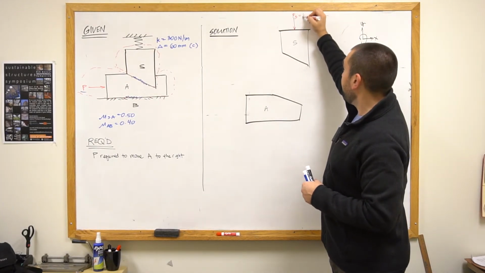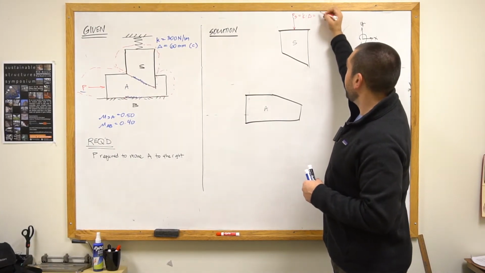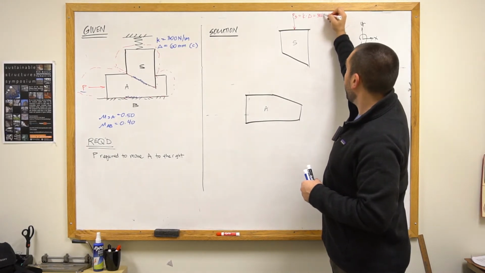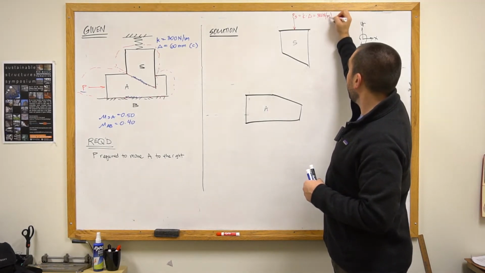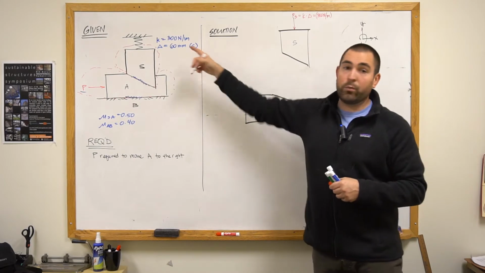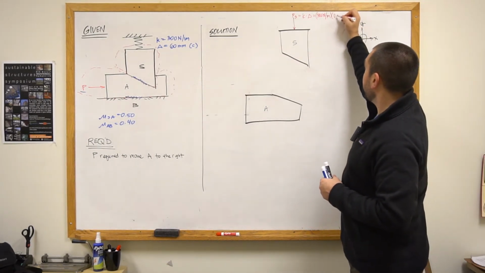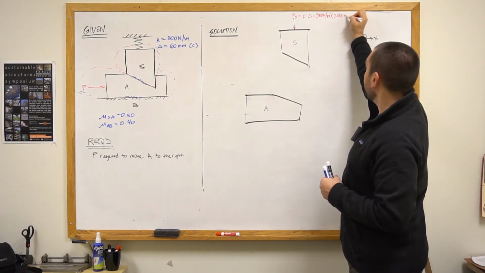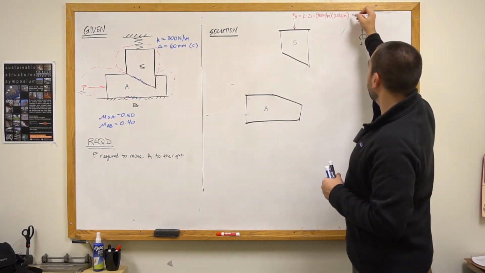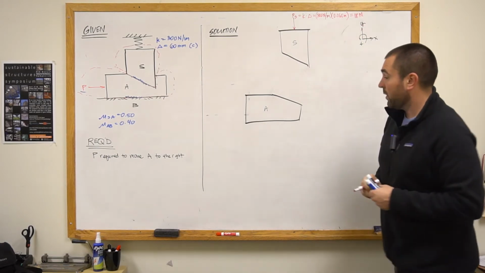It'll be equal to K times delta, which is 300 newtons per meter times delta. I need to make sure I'm good with the units here. Delta is given in millimeters, so I need to change that to meters, 0.060 meters. And so I get 18 newtons.